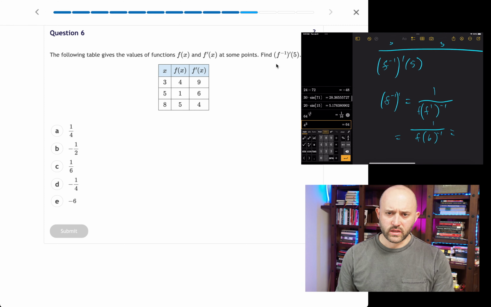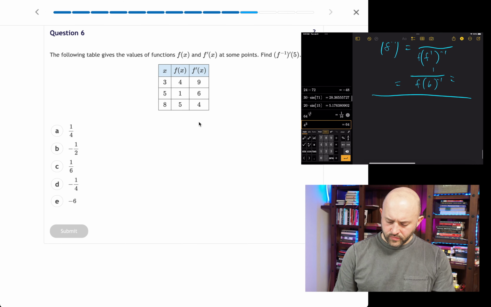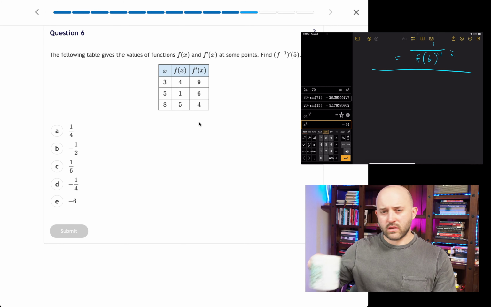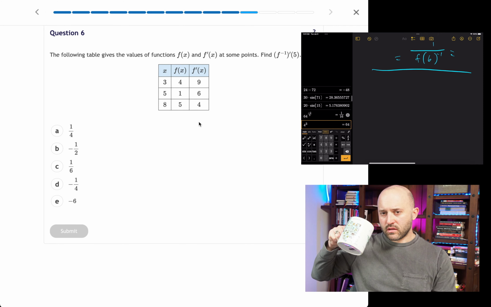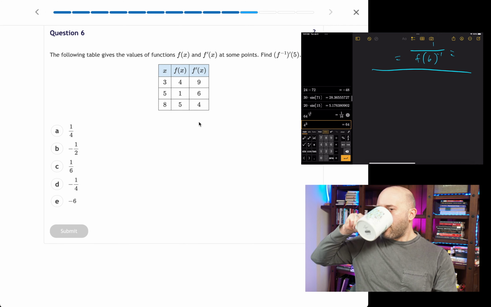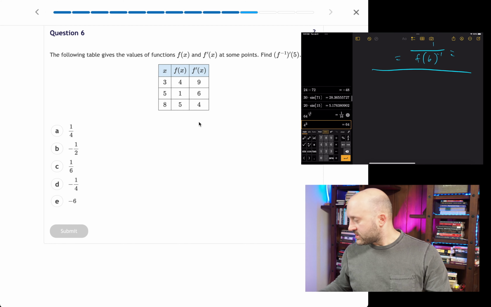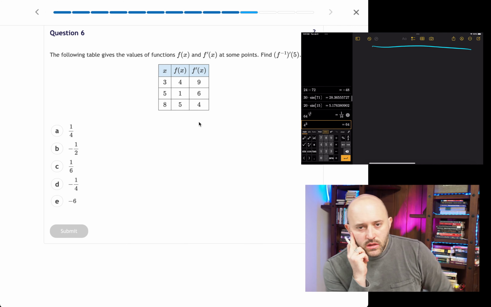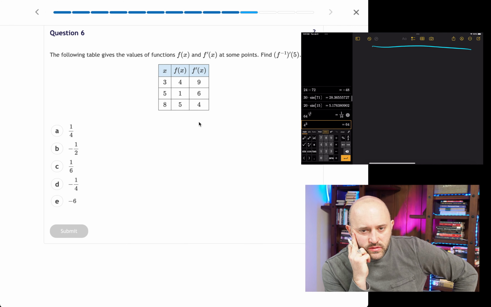Maybe I could just do it directly. The derivative of... and the graphs I have such an easy time with. The tables, man. Tables are tough. Following the tables gives a value of f of x.